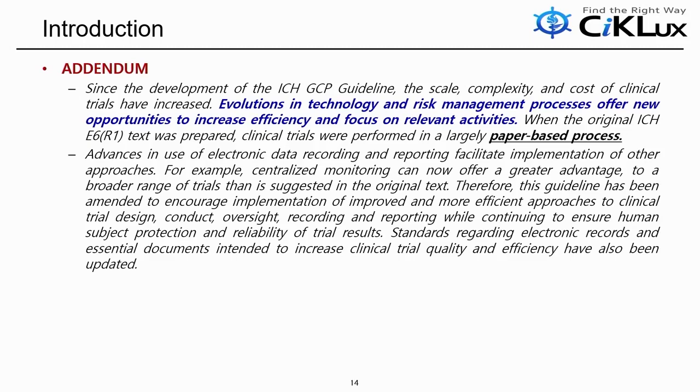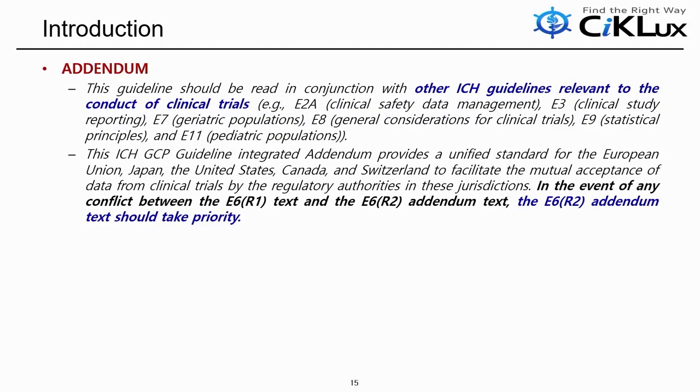And by allowing electronic systems, this risk-based monitoring and management became available. When it comes to the ethical or scientific principles, there were no changes in R2. But electronic systems became available and the addendum included them.